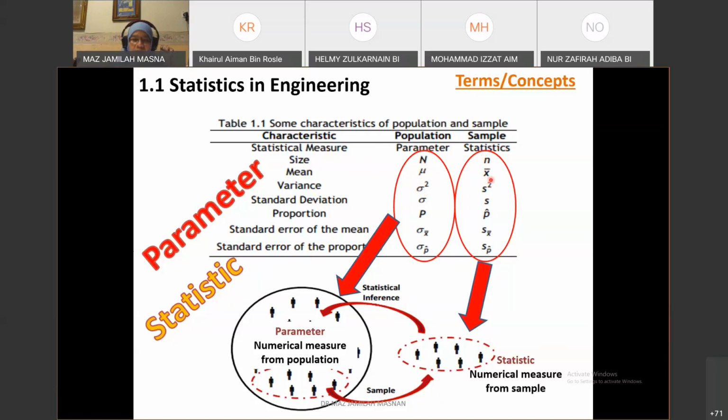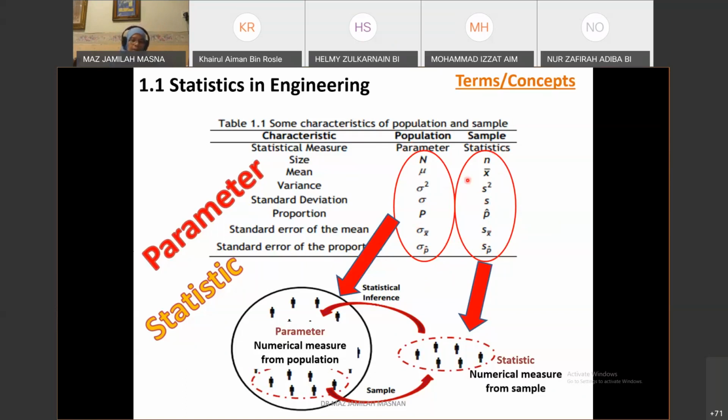Sample variance is s squared. The same goes for standard deviation, and so on and so forth. So these are all the things that you should understand. When we say parameter, it reflects this particular measurement. When we say statistic, it reflects data from your sample.